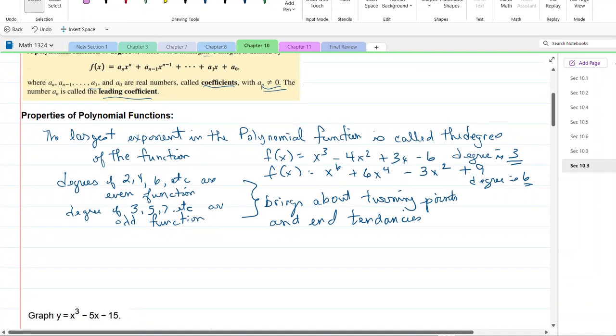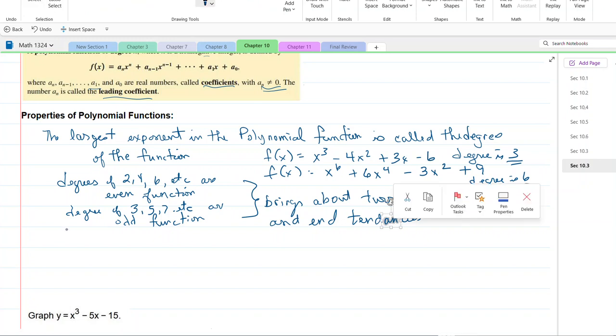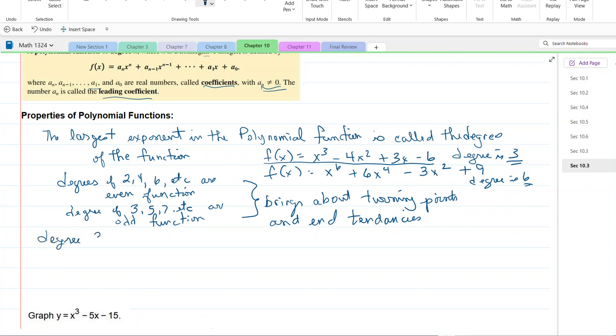So, if I have the first one, this one, a degree 3 odd polynomial, I can have at most 2 turning points.